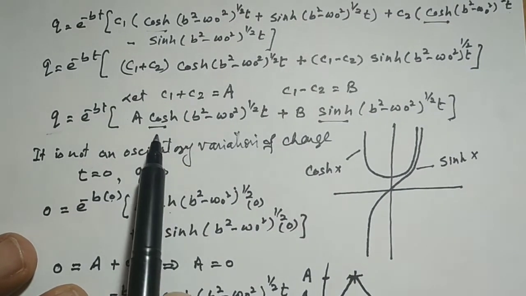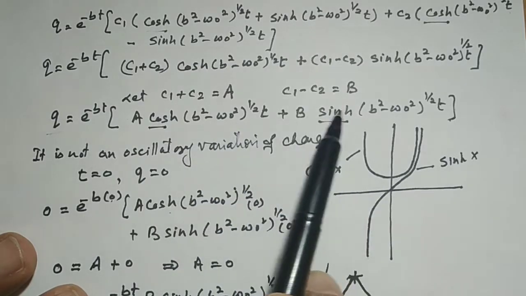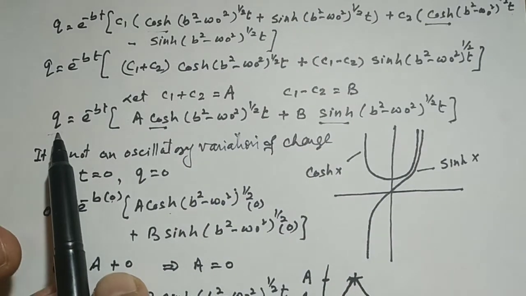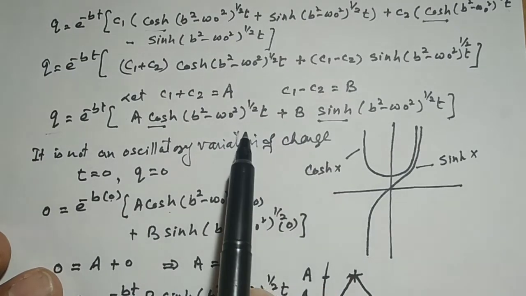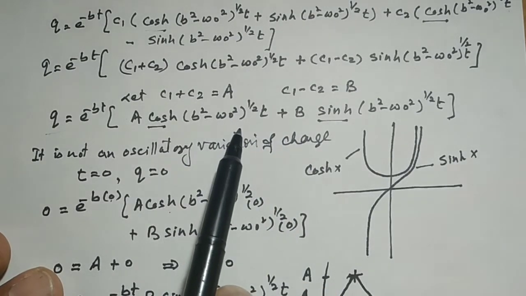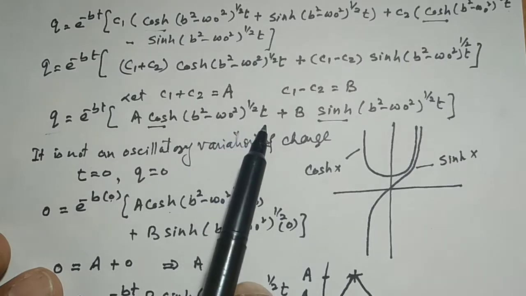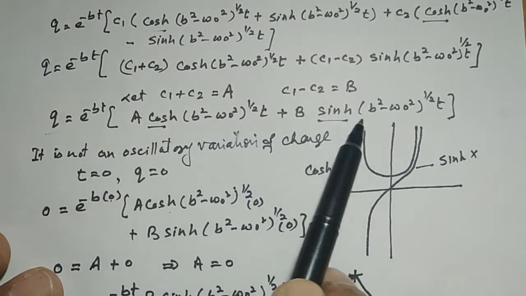Now we want to know how these two functions are affecting the variation of charge. For that we consider the initial condition when there was no current source in the circuit, at time t equal to 0. What was the value of this equation?